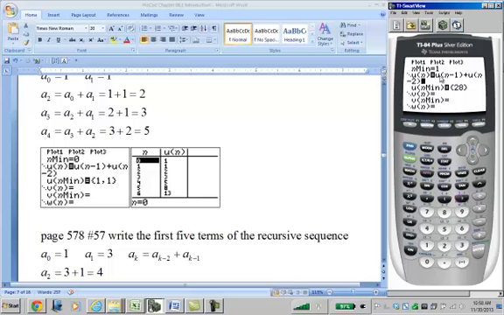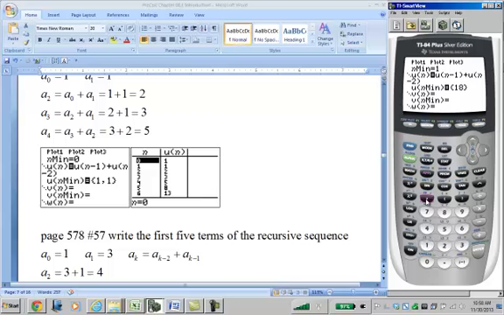Okay, so in the sequence, the prior two terms added together equal the current term. Now here's our initial numbers, 1 and 1.